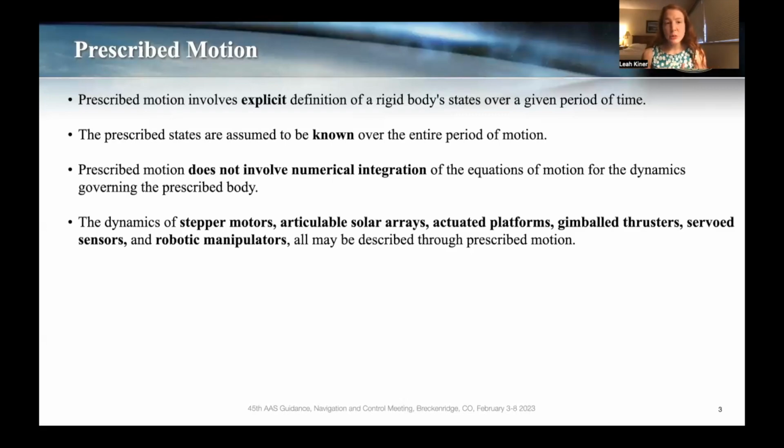So here we're essentially assuming that when our prescribed body is moving, it does have a coupling with the motion of the other bodies. So it is affecting the dynamics of all of the other bodies, but when the other bodies in the system move, this doesn't affect the motion of our prescribed body.